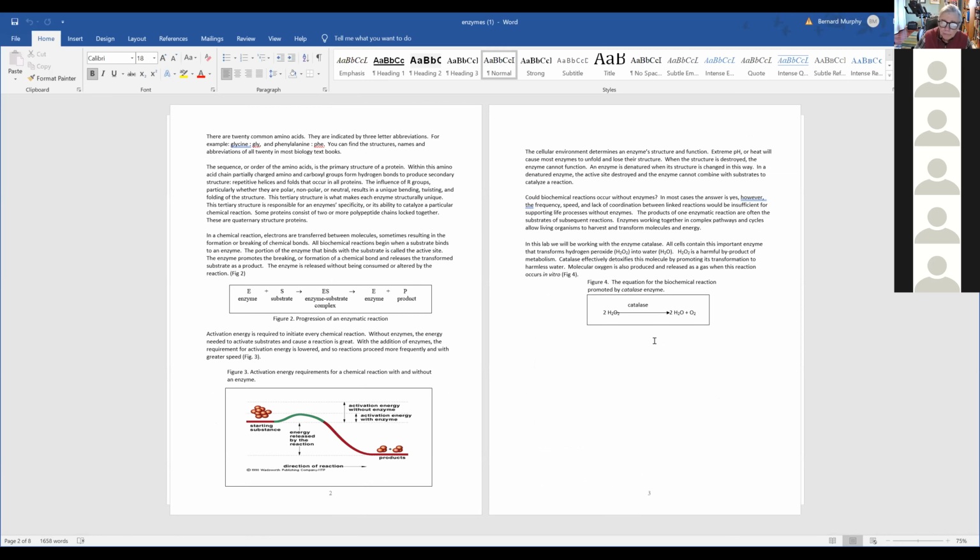Name the substrate. Remember what the substrate is, the thing the enzyme acts upon. What's that in this reaction? Is it hydrogen peroxide? Hydrogen peroxide, that's the substrate. So the products are what?